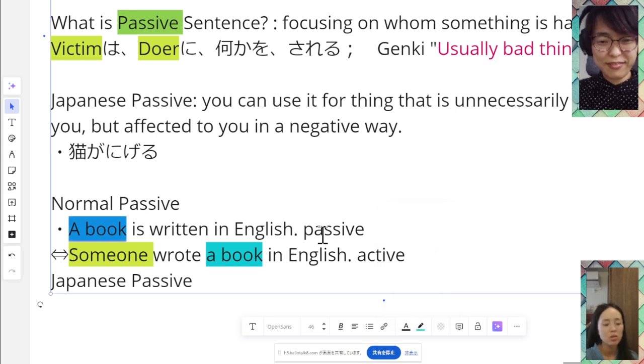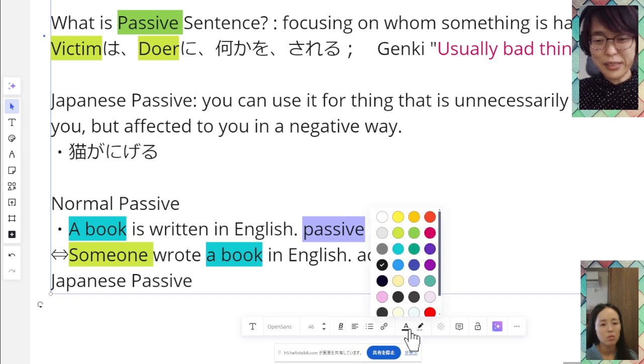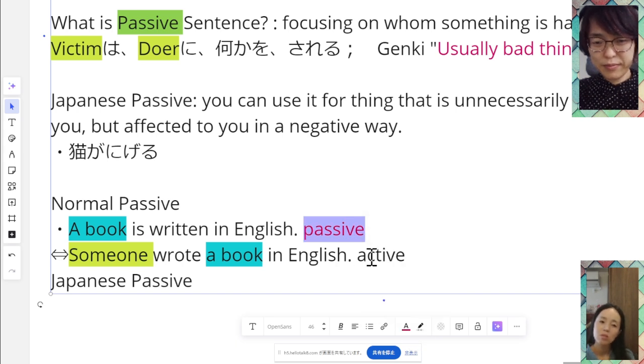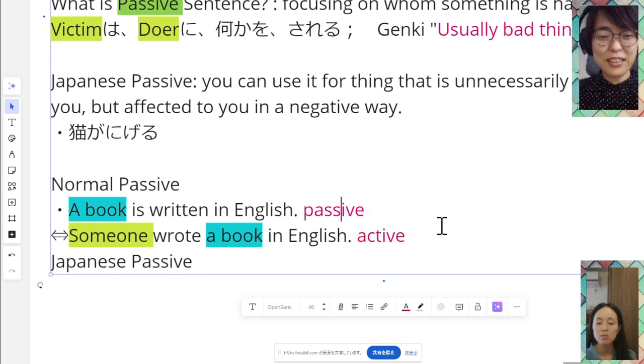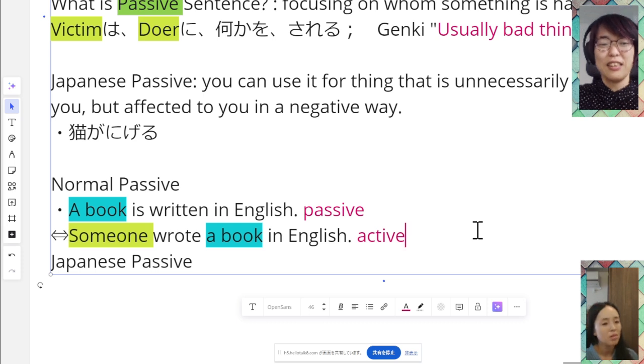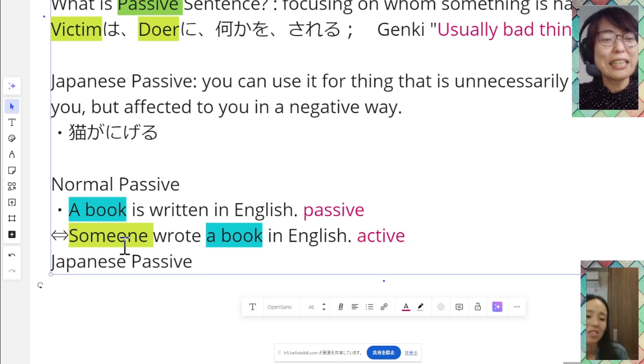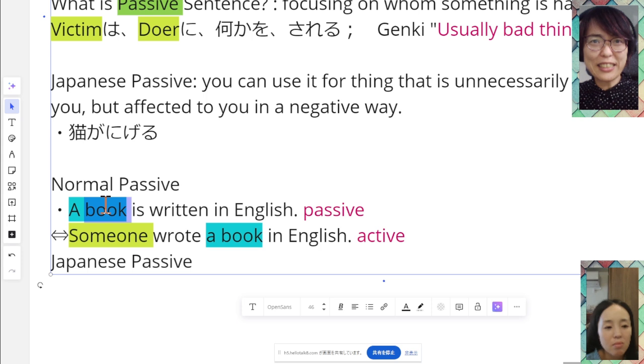Is it subject or object? Which one? Sorry, I cannot understand. Is this subject? Is this object? It is the object of the sentence.